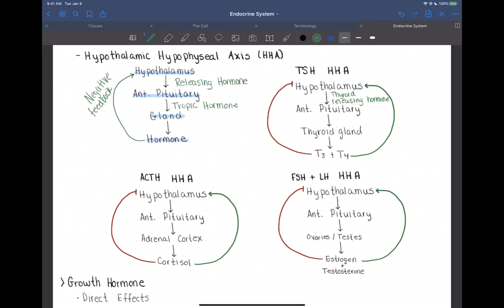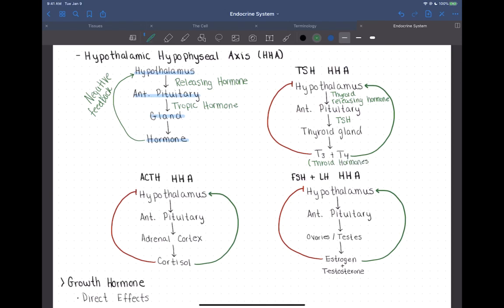Then that anterior pituitary is going to secrete the TSH, that thyroid stimulating hormone. Thyroid stimulating hormone is going to go to the thyroid gland, where the thyroid gland is going to secrete T3 and T4, which are just the thyroid hormones.